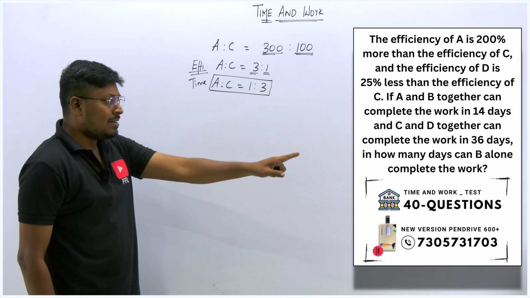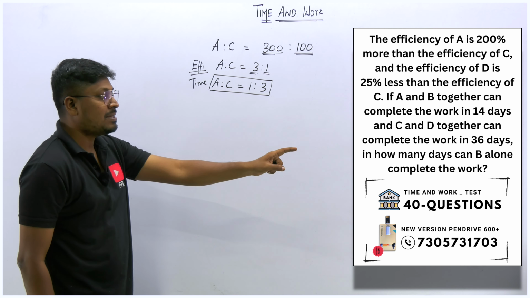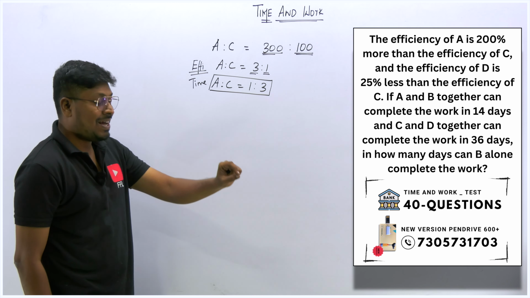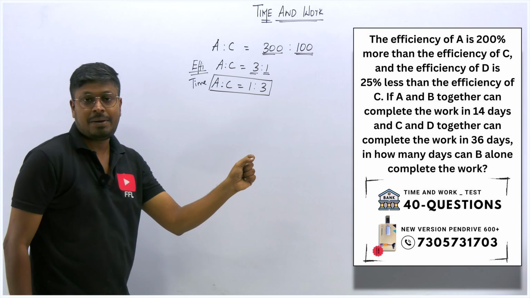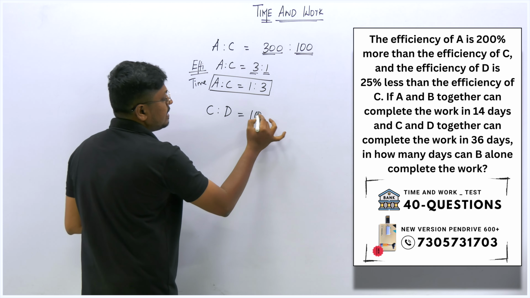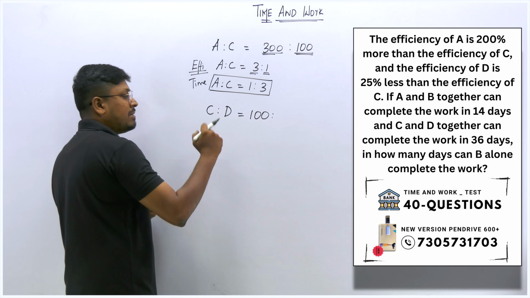The next data is that the efficiency of D is 25% less than the efficiency of C. So when compared to C, the efficiency of D is 25% less. We have considered C as 100, right? So D's efficiency is 25% less.